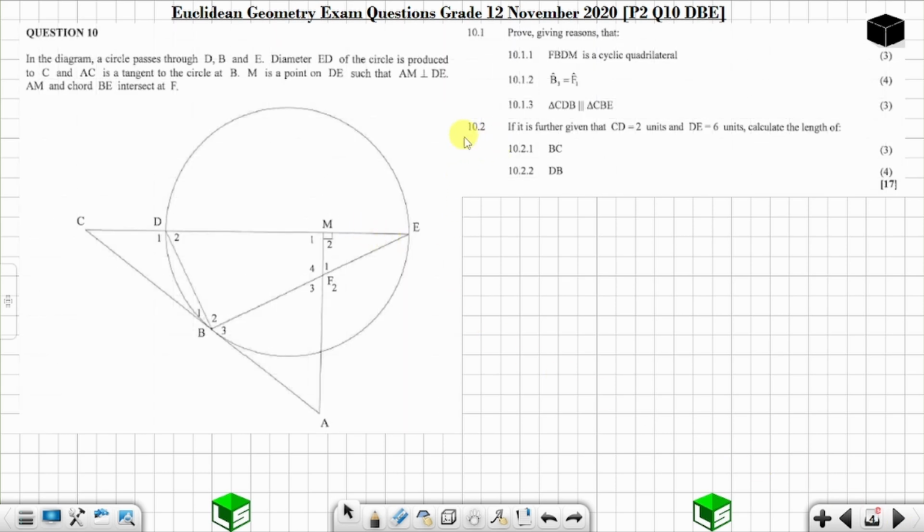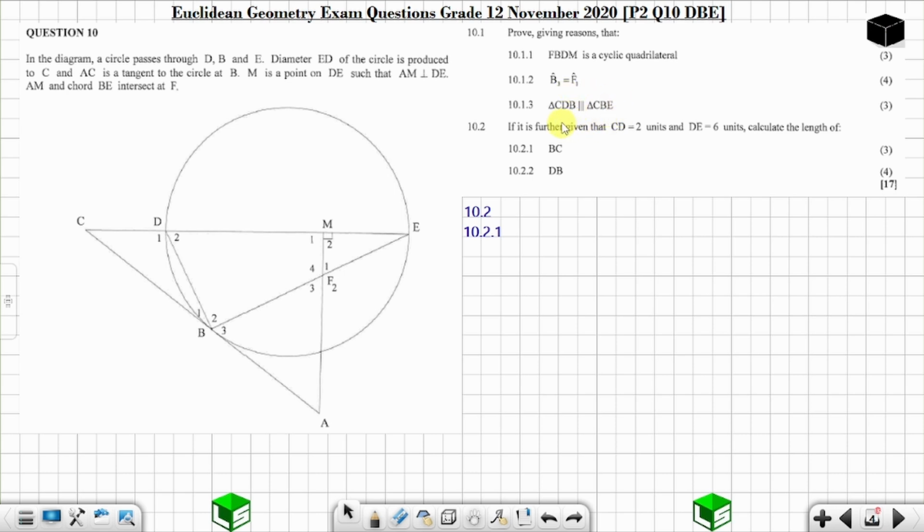Now question 10.2. Okay, we are going to solve 10.2.1. We have to find BC. This is BC. So from the previous question 10.1.3, you have this triangle is similar to this triangle.